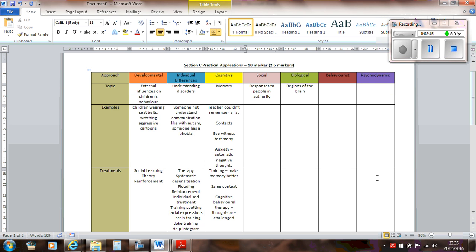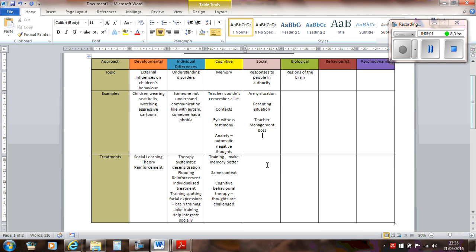Things like that. Responses to people in authority. There's going to be some kind of army situation, or some parenting situation, or a teacher, or management, a boss of some kind. Anyone that's in authority in that kind of way.